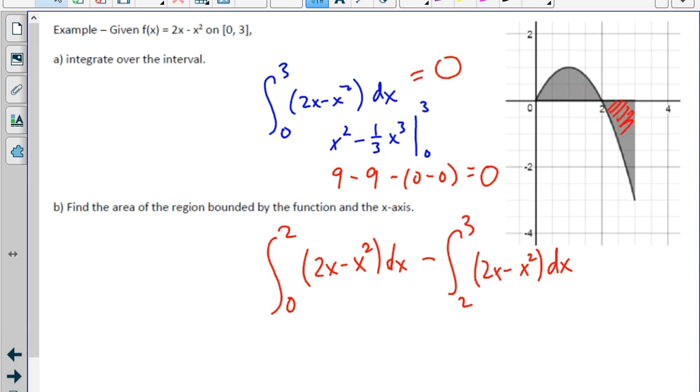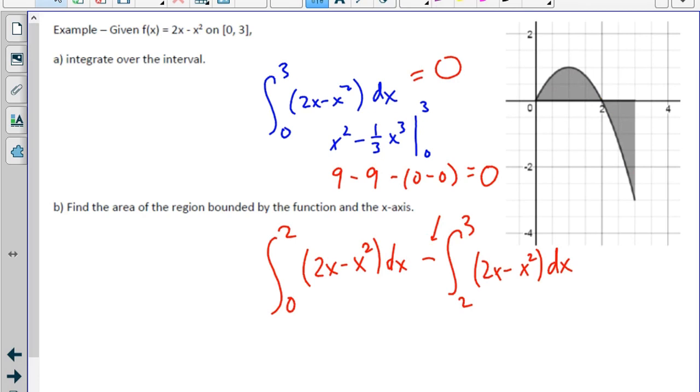So anything that's under here, I want to make it negative, so it ends up flipping. Basically we're taking this area that was down here, and by making it negative, I'm trying to make it look something like this, where I'm counting it as positive. Okay, so that's essentially what we're doing.